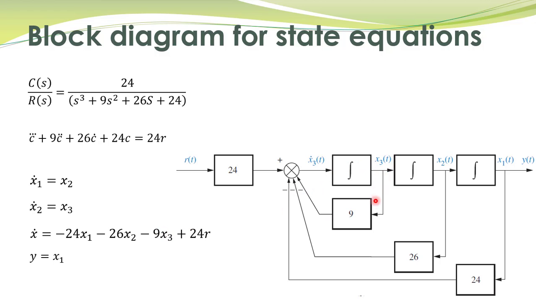This signal is x3 multiplied by 9 and then multiplied with negative sign, minus 26x2. So x2 multiplied by 26 and multiplied by this negative sign. Likewise, minus 24x1, 24 x1 with negative sign over here, and this y is simply equal to x1.